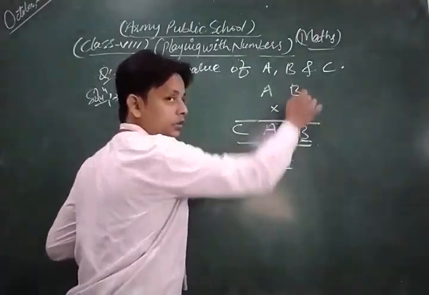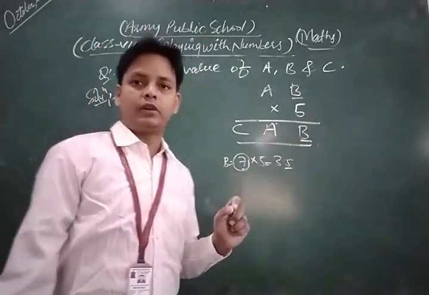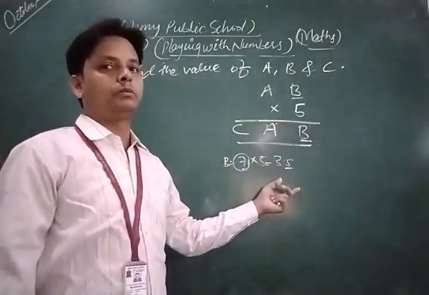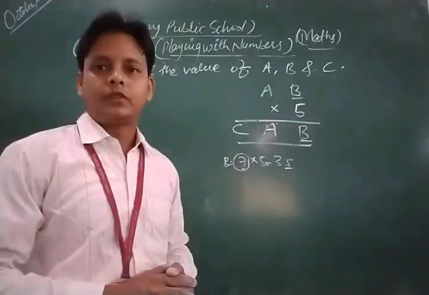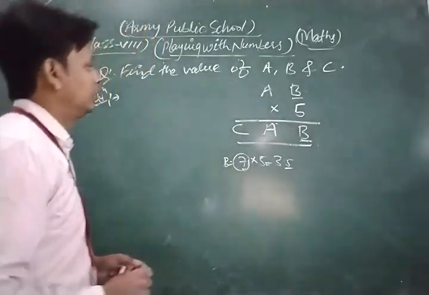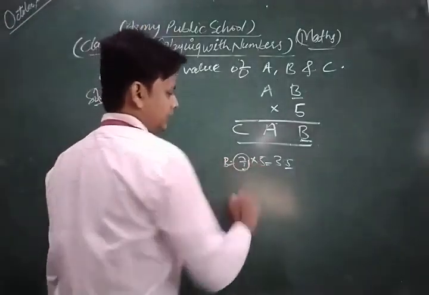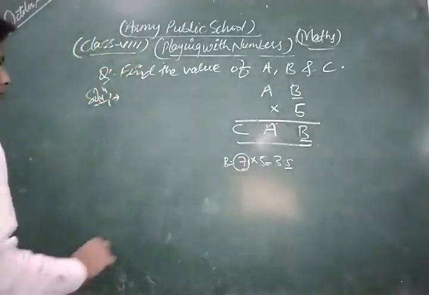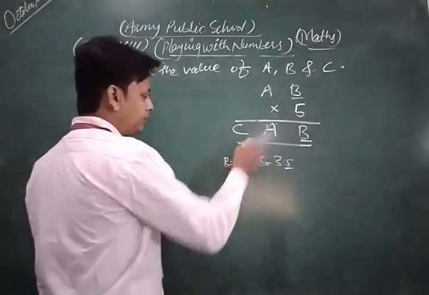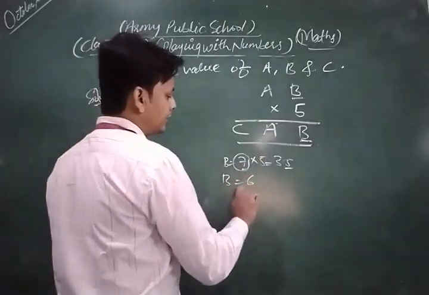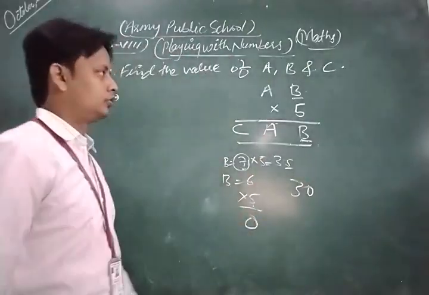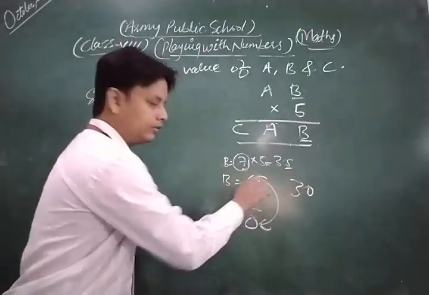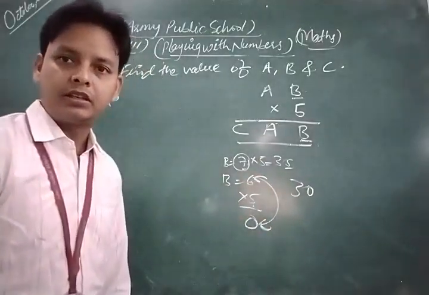If we choose B as 6, then 6 times 5 is 30, write 0, which is not the same number.